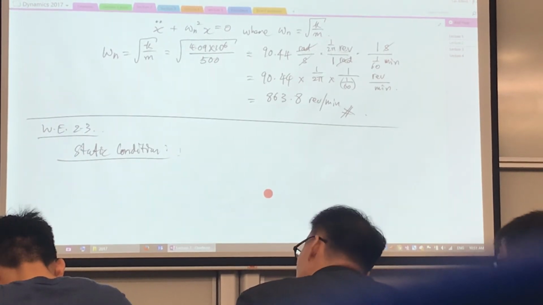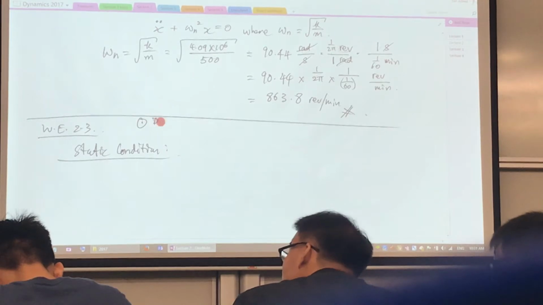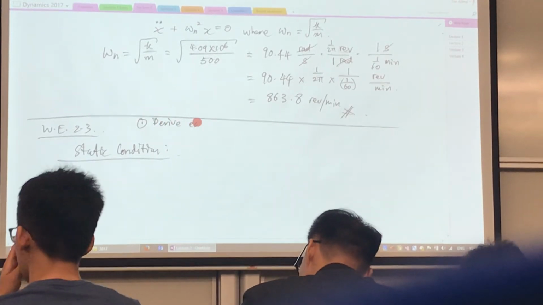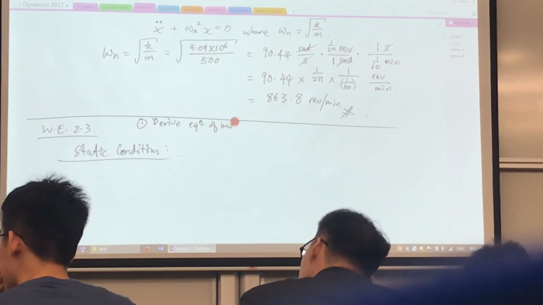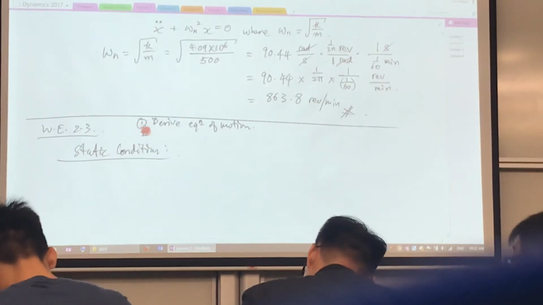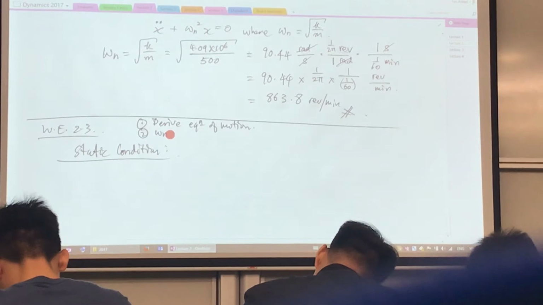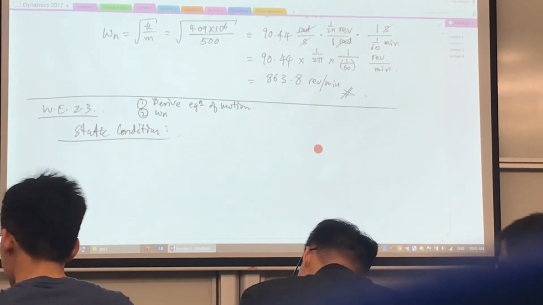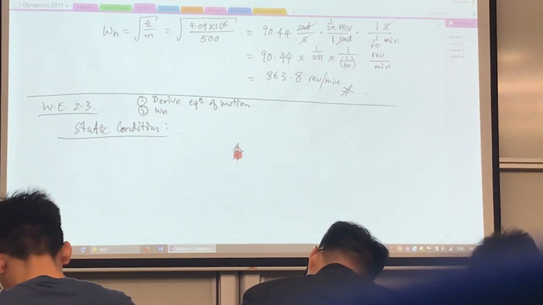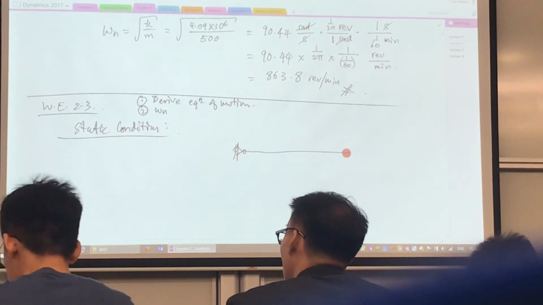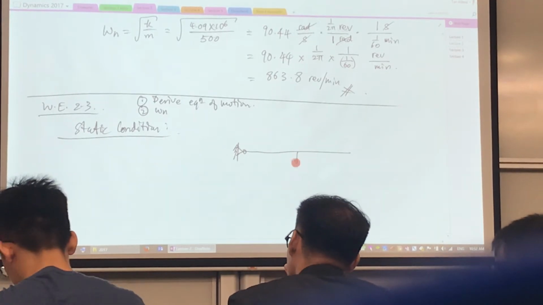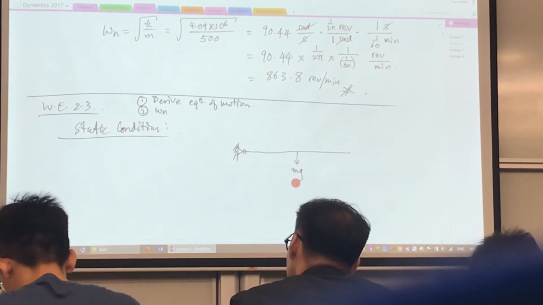The question that it wants is to derive the equation of motion. That's what the question wants. And then second part, they wanted us to find out what's omega n. So for static condition, I'll do the sketch. That beam has a mass mg.